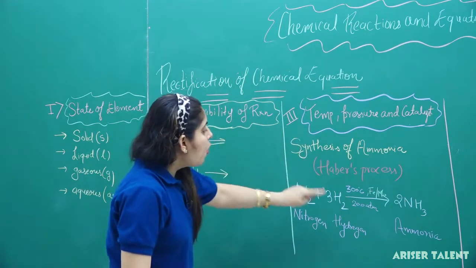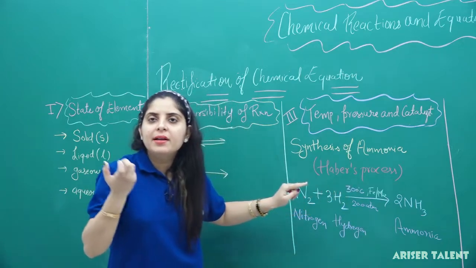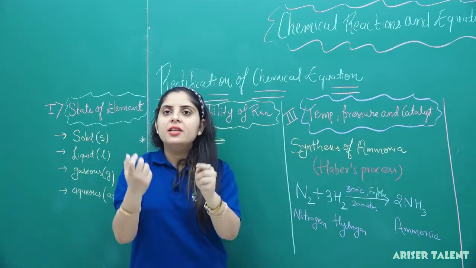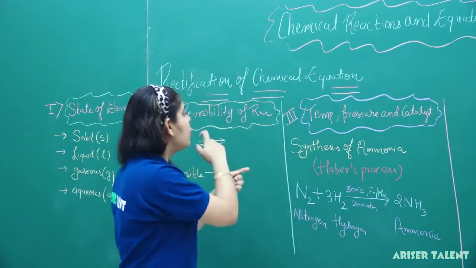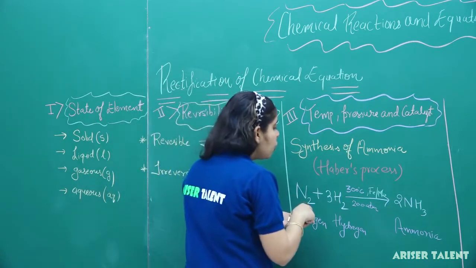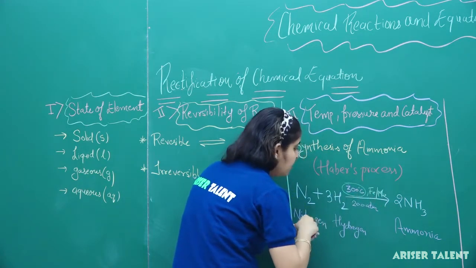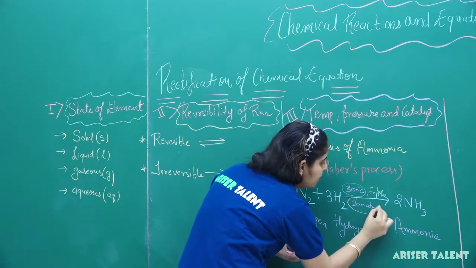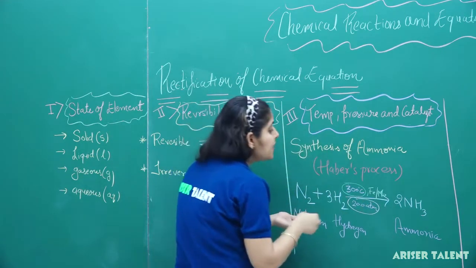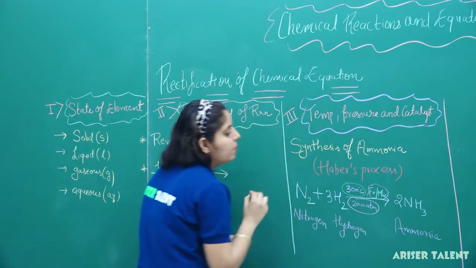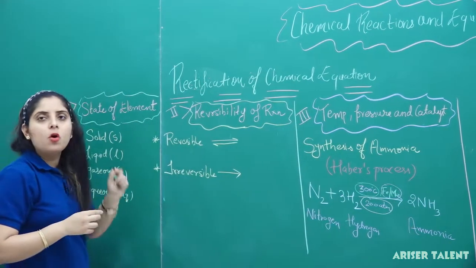So on the arrowhead I have specified the conditions of temperature, pressure and catalyst, and these three terms have been rectified by the process of rectification. This is the condition for temperature, this is the condition for pressure, and this is the condition of catalyst, that is Fe plus molybdenum. So we have represented all three.